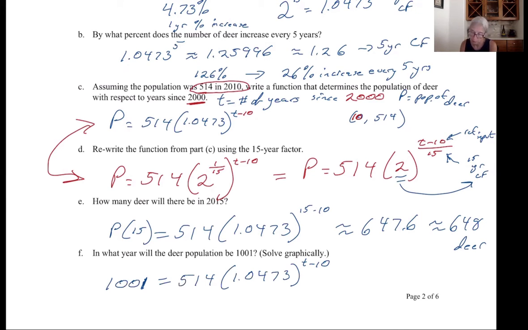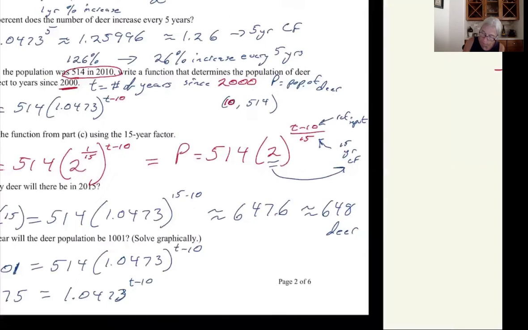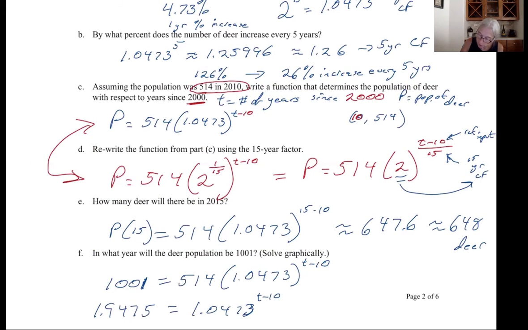That's coming up in the next unit. So instead, we're going to solve, and we find out that t would be 24.423. So over here, if we get t equals 24.423, that means it's in the year 2024. All right, hopefully that's helpful to you.